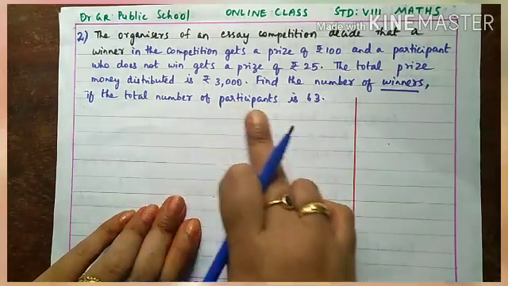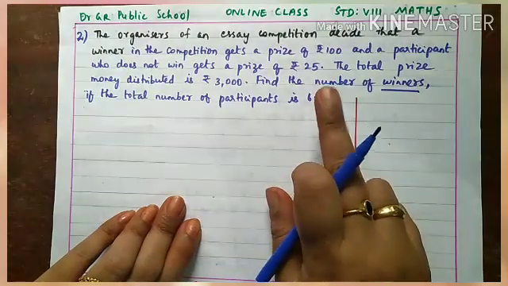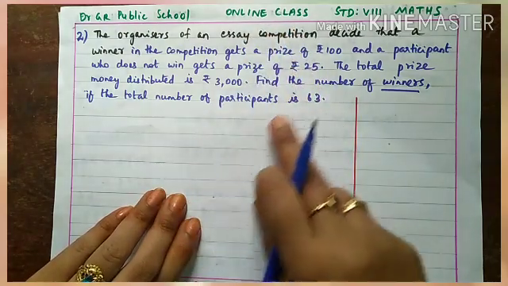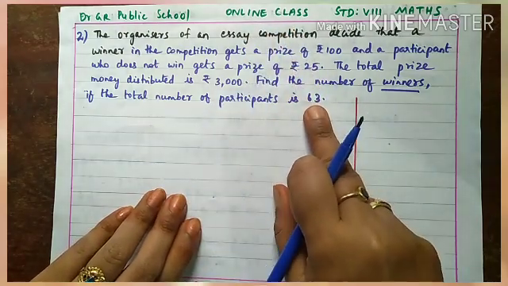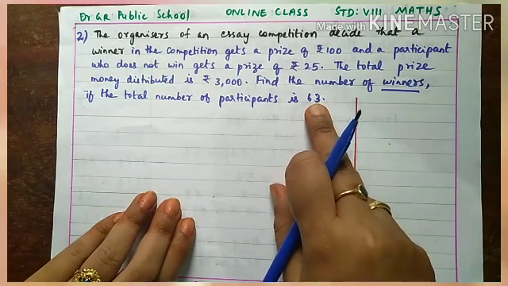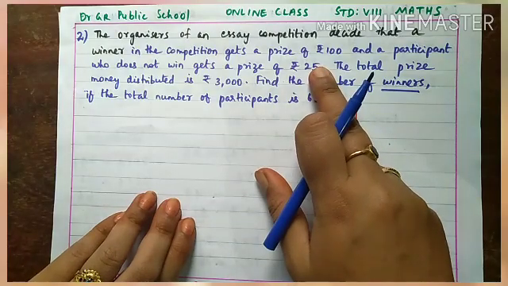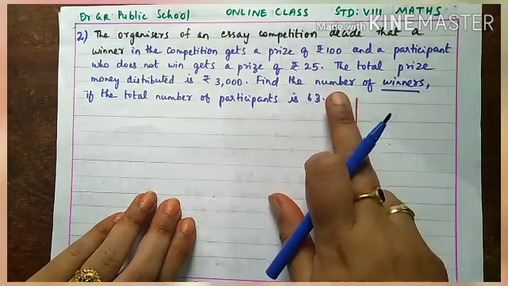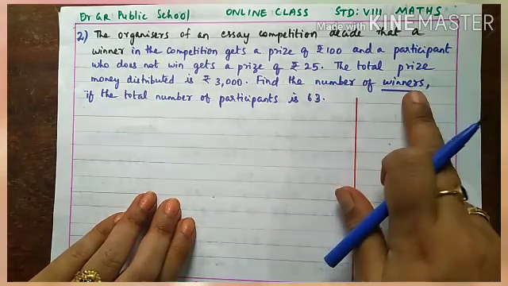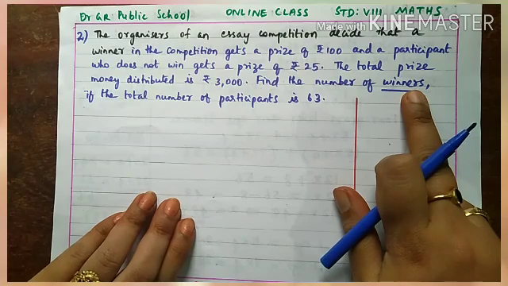If the total number of participants is 63, so total 63 people are participating in this competition. Understand? So in this 63, there are winners and there are losers. Winners will get 100 rupees each and losers will get 25 rupees each. Okay, so out of this 63, we want to find out how many are the winners. Okay, you got the idea?